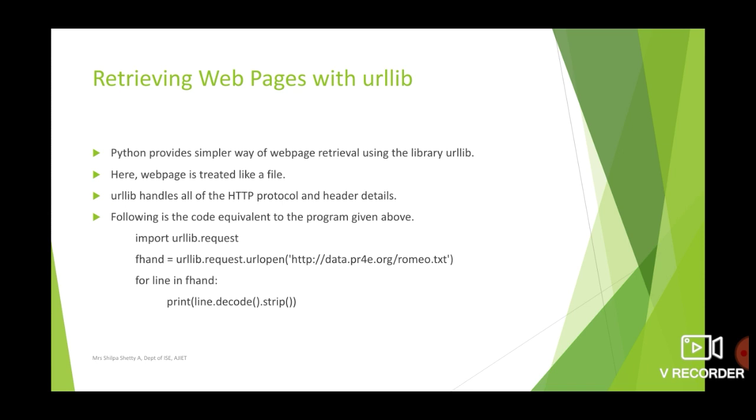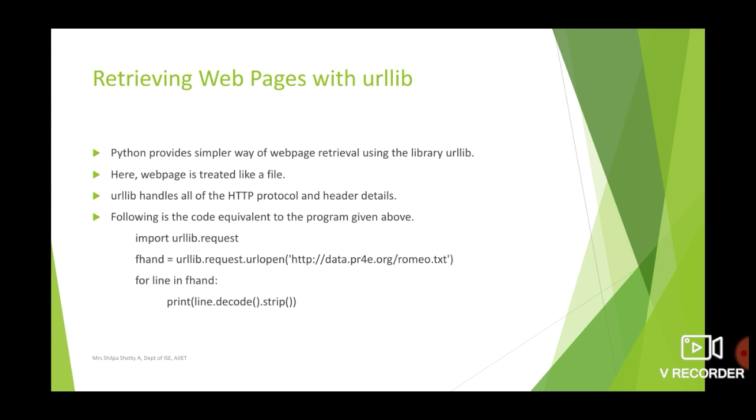If you are using urllib, you need to import that module in your program. So import urllib.request. Request is used to place a request to a particular web page. Then let us open the URL. So we need to write urllib.request.urlopen.